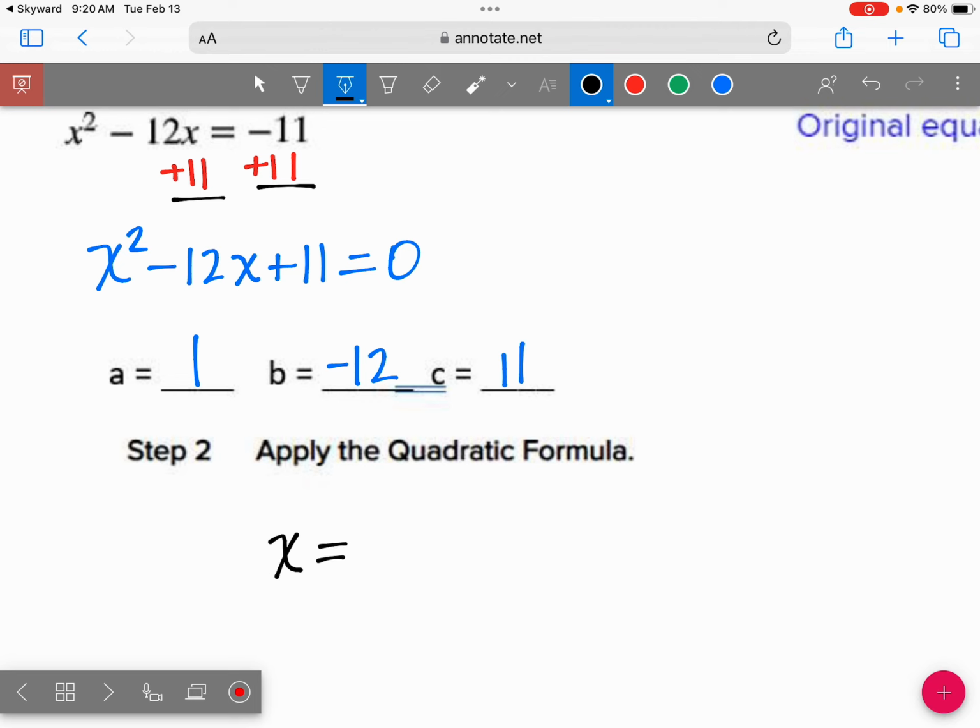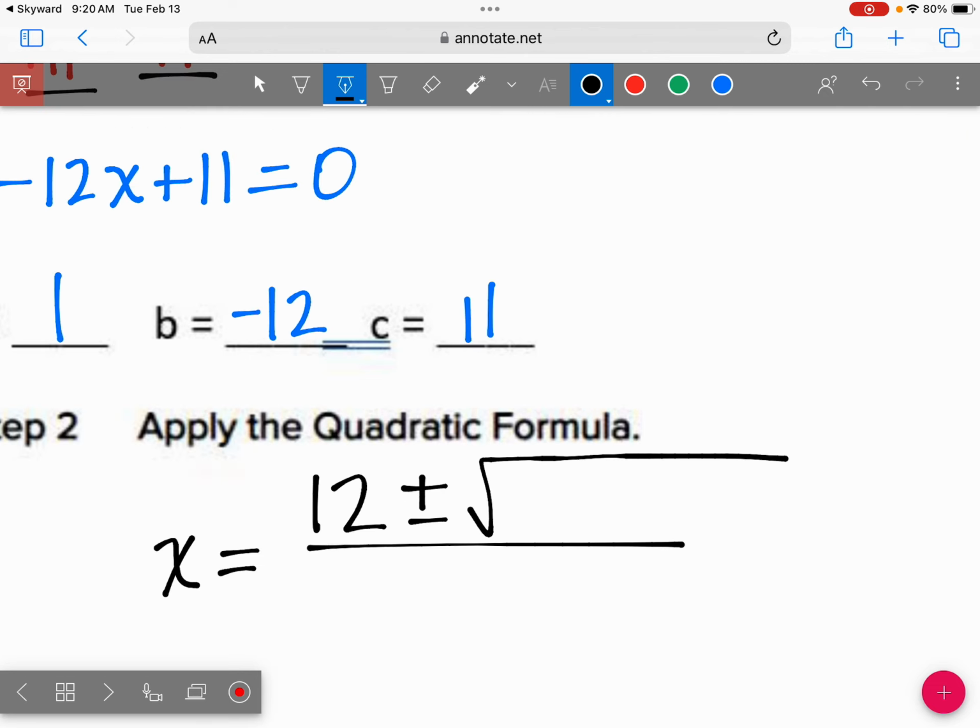Whatever B is, you flip the sign. Do you notice how B is -12? You're not going to put a -12. You're going to put a +12. And then it's plus and minus the discriminant, which is b squared minus 4ac.